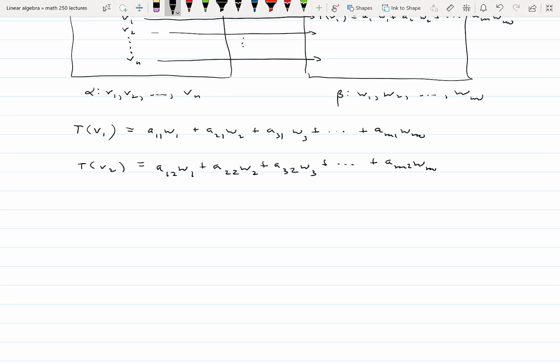And we keep doing this until we get to T of Vn, the action of T on the nth basis vector in alpha.